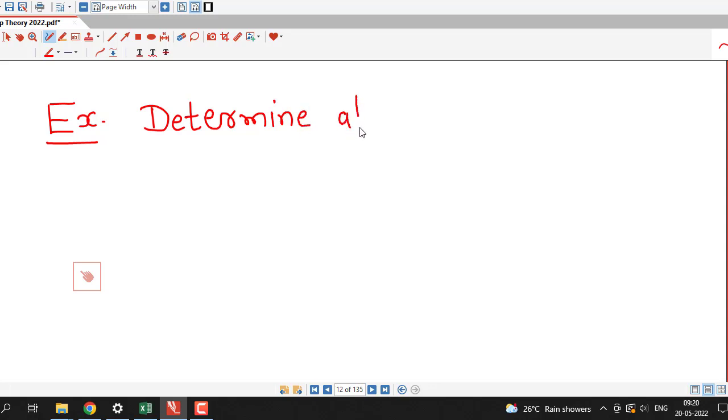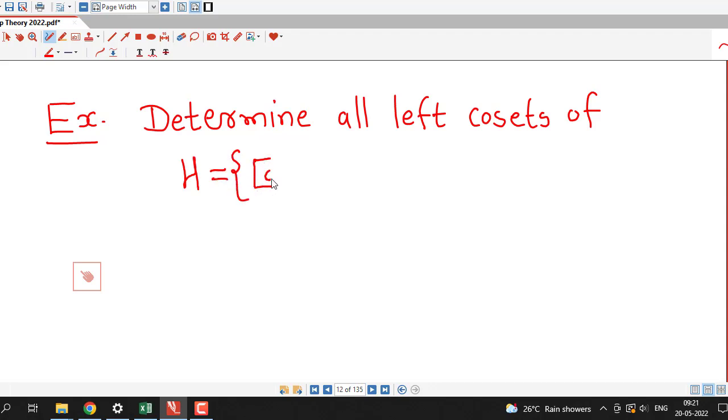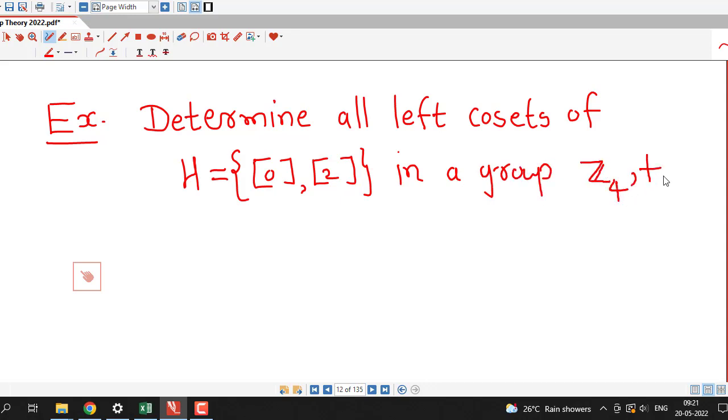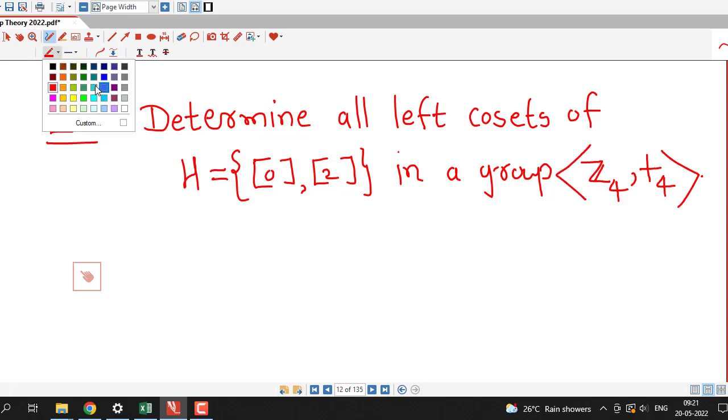Determine all left cosets of H equal to the equivalence classes generated by 0, 2 in the group Z4 with addition modulo 4. But we will now use the properties which we have discussed to minimize our calculation as well as time.